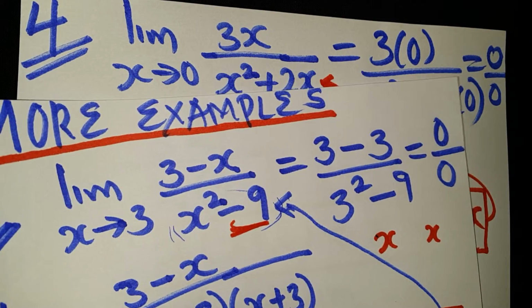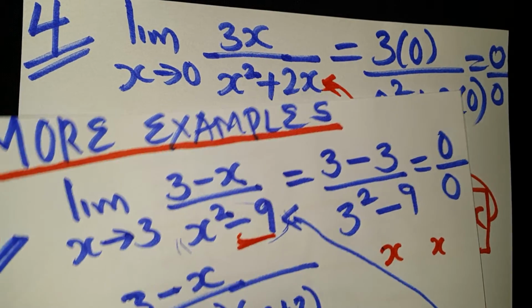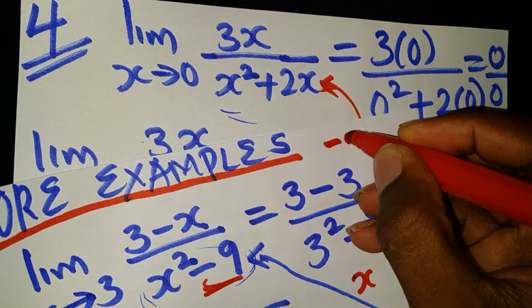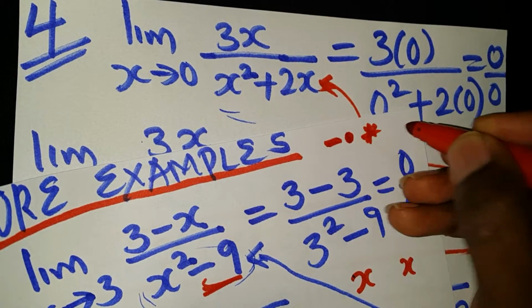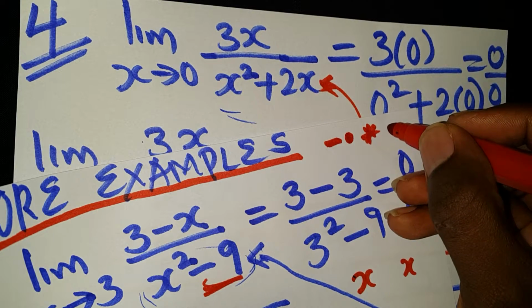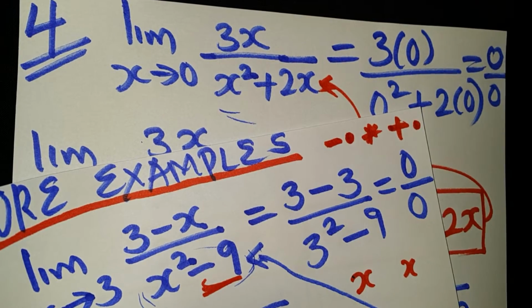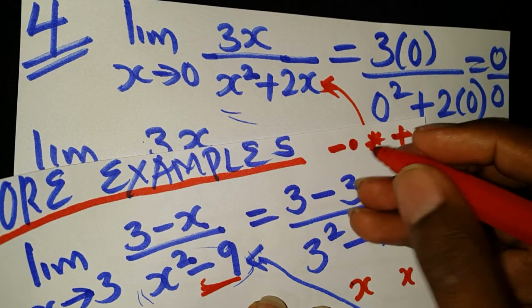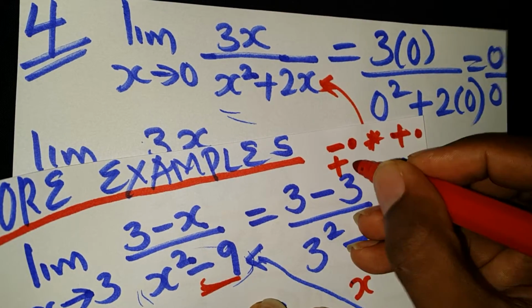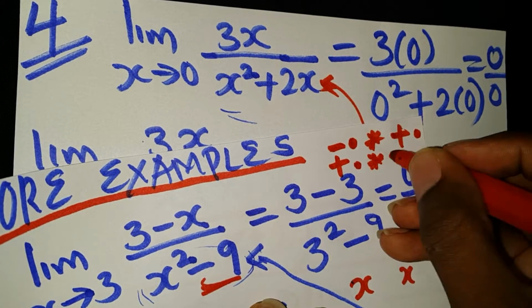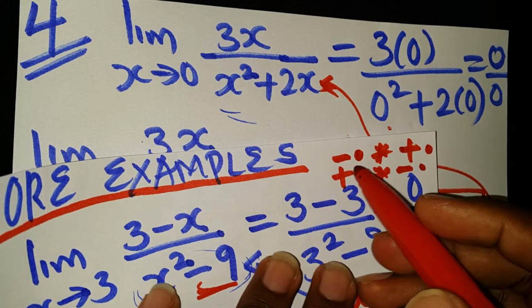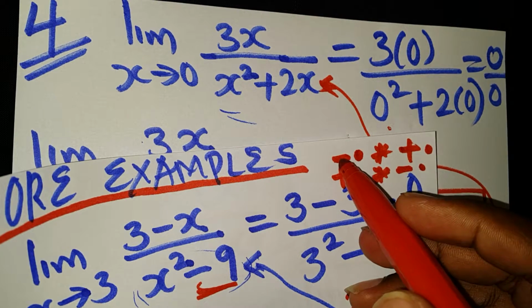For us to be able to get any negative value, it should be negative something multiplied by positive something, or it can be positive something multiplied by negative something. So you now start guessing.